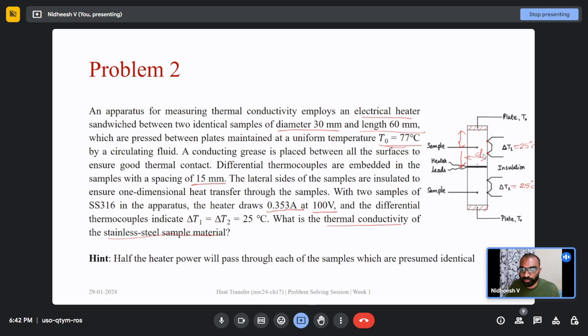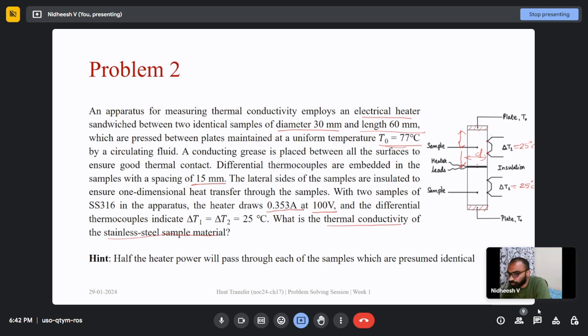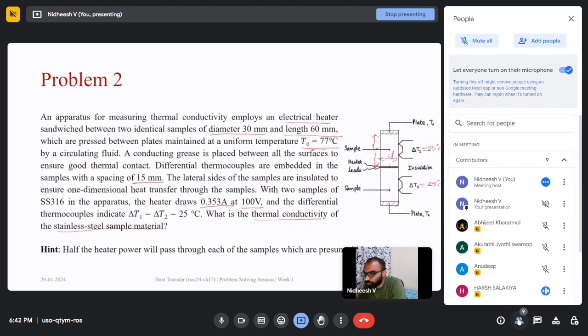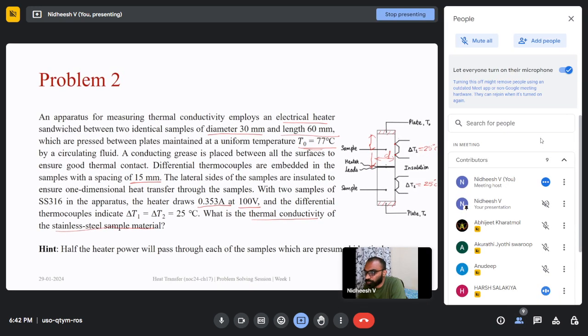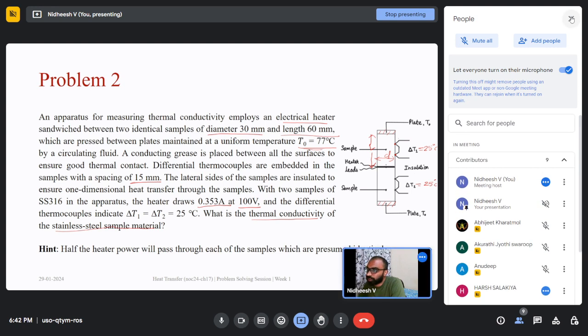Is the question clear for everyone? Can someone reply with a yes? Yes, sir. Okay. Sir, is there any time to travel this current or voltage? Yes, there is time.